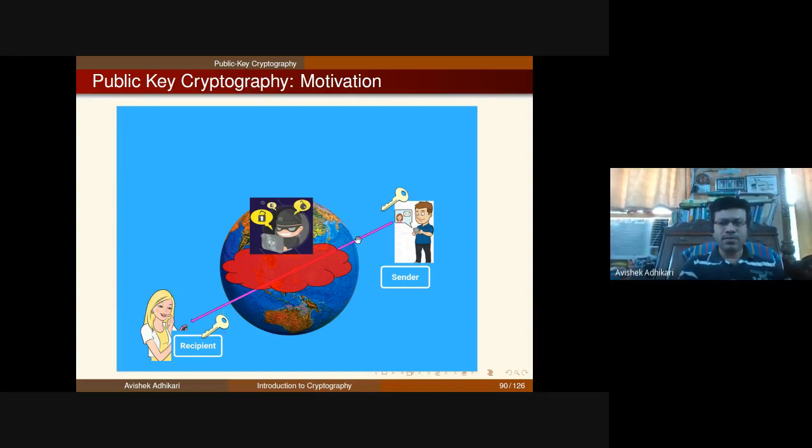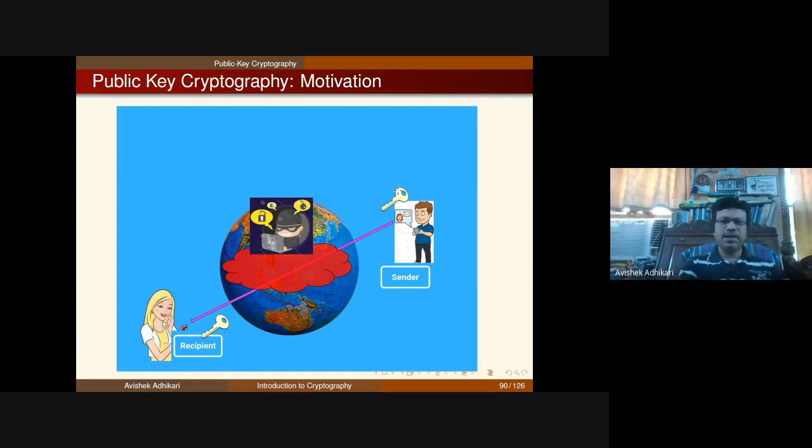Now, if they are staying far apart, it may also happen that this girl may not know this boy, but still this boy wants to send some message to this girl. Then how are they going to communicate with each other to have a common key? Unless they have a common key, they cannot send a secure message.